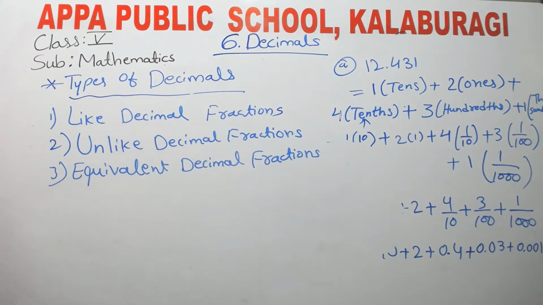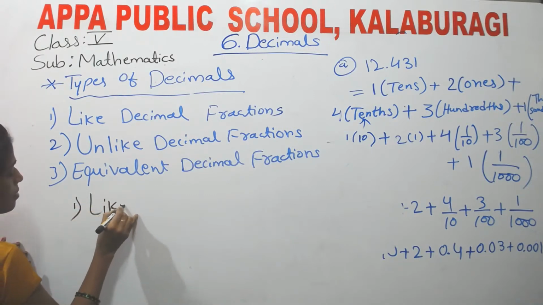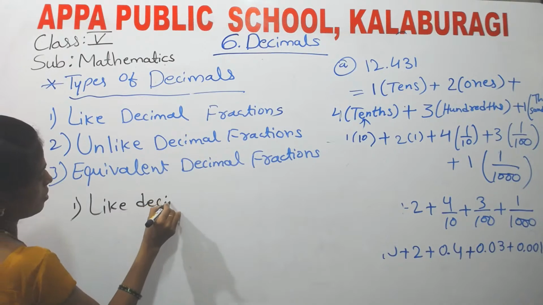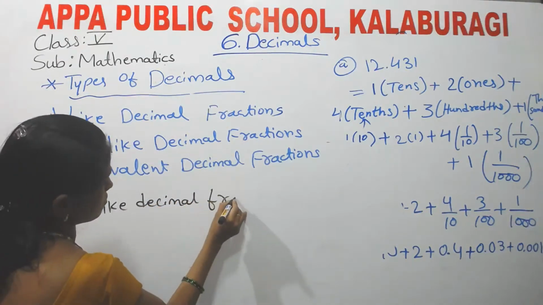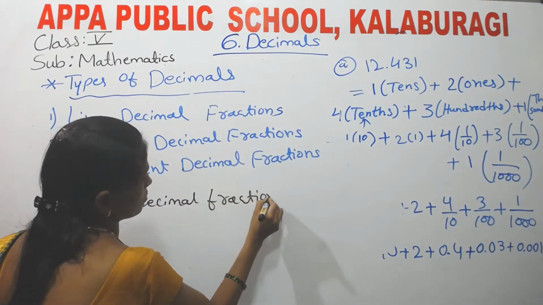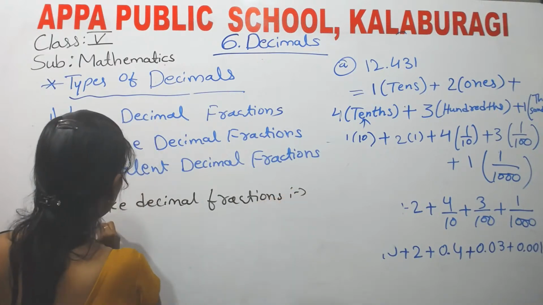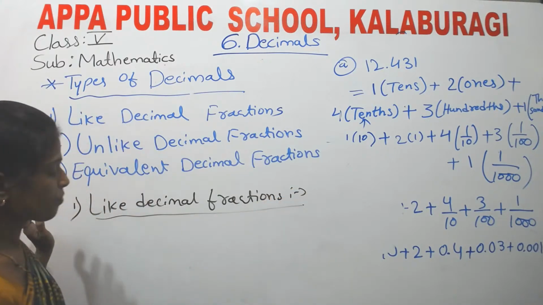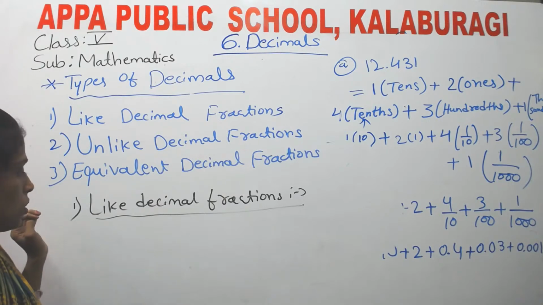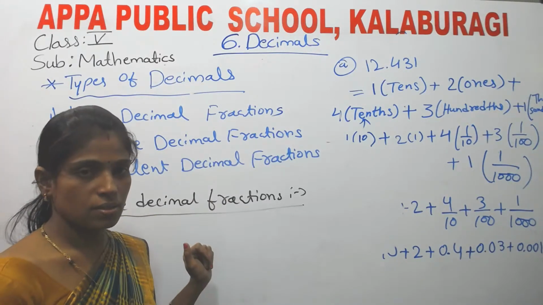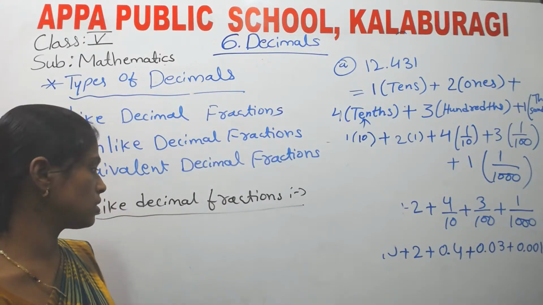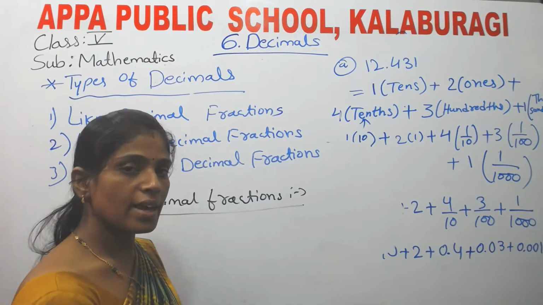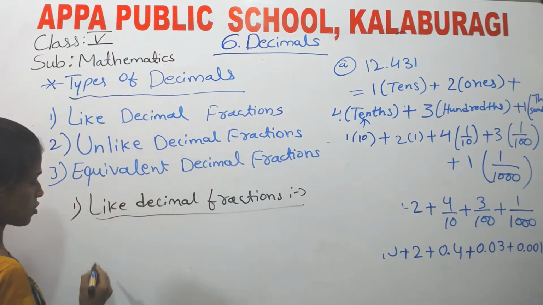First one, like decimals. Like decimal fractions means two or more decimal numbers. Two or more decimal numbers are called like decimal fractions.